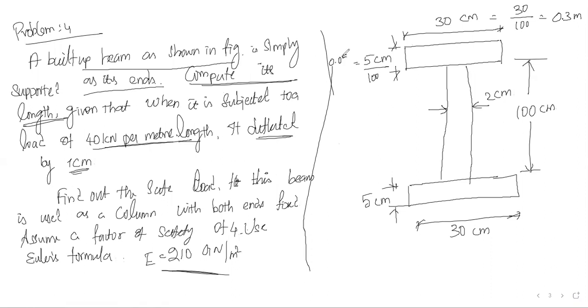The flange thickness is 0.05 meters, and 100 centimeter is 1 meter. The 2 centimeter we take as 2 divided by 100, so 0.02 meter.